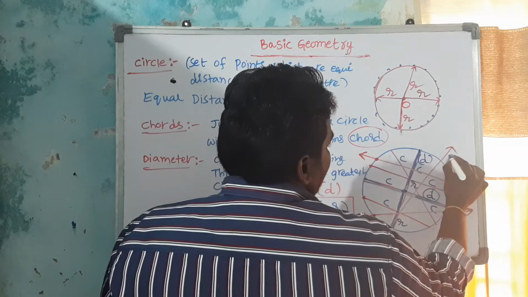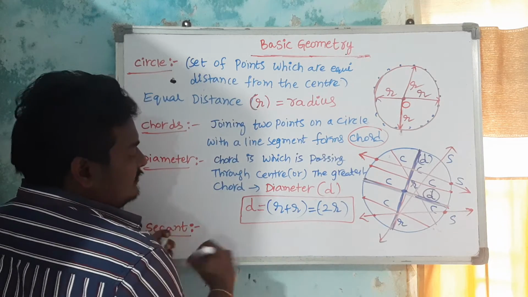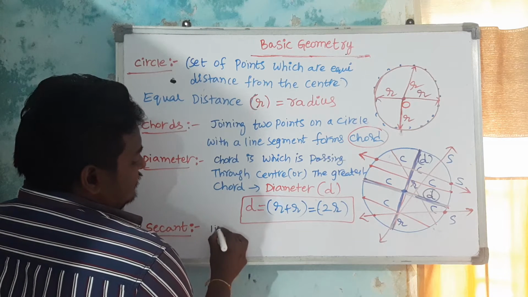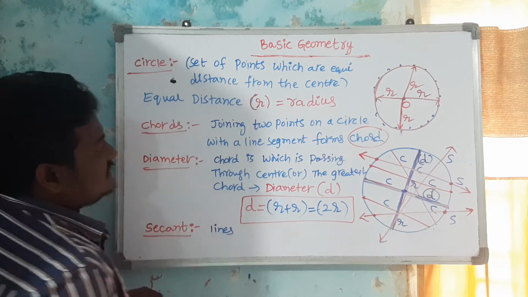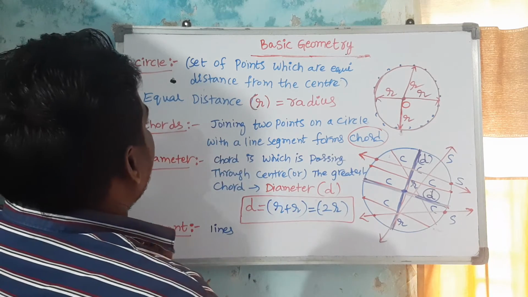Secants are lines. These are not line segments; the line segment forms a chord.